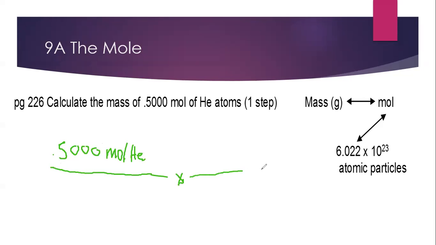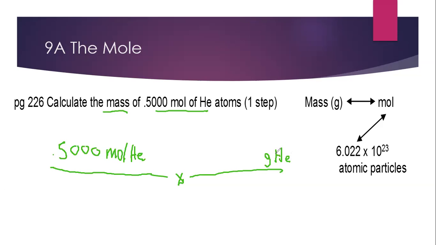We are going from moles of helium to finding the mass, moles to mass. So if I have moles here, this is what I'm trying to find, and so I would put grams for mass, grams of helium.